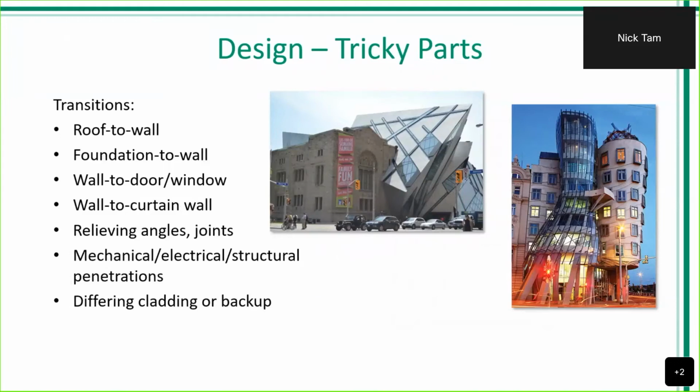Also, we have to think about the tricky parts: the roof to wall, foundation to wall, anywhere we're having different types of connections from different systems. Looking at these two pictures, I mean, talk about joints, right? There's a lot of different joints here, and ultimately, are we providing an ease of segmentation between all these different systems?